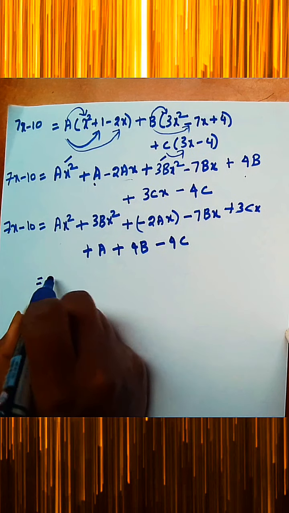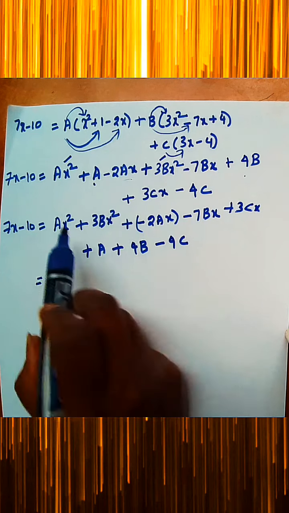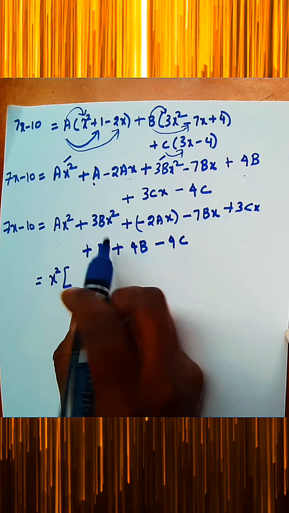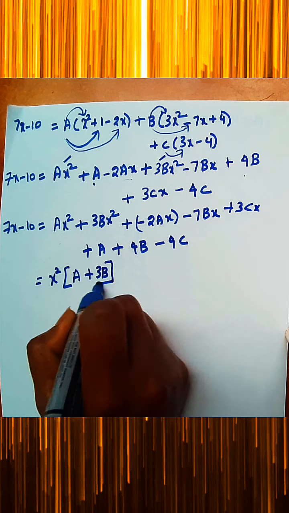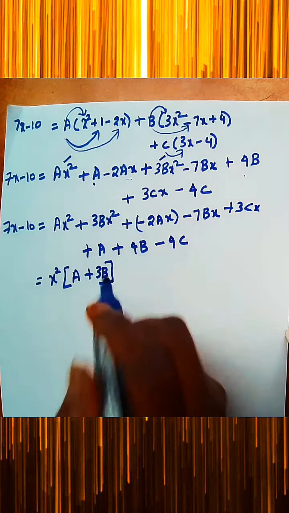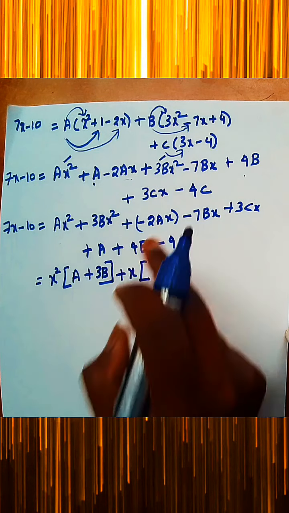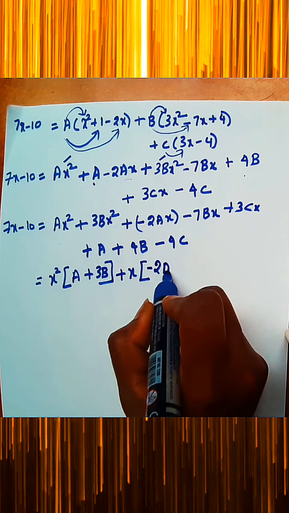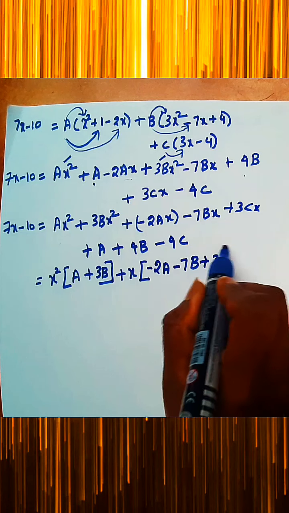Now what you are going to do is take the common out. So x square is common, I can take it from these two terms, right? X square I'm taking separately. So what is remaining? A plus 3b. If I'm taking these three terms, x is common, take x out. So what is remaining? Minus 2a minus 7b plus 3c.